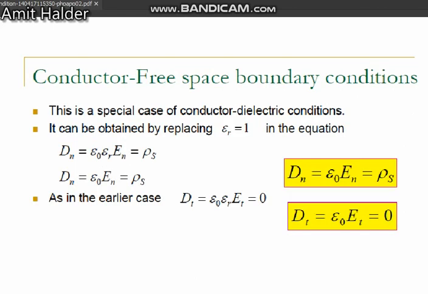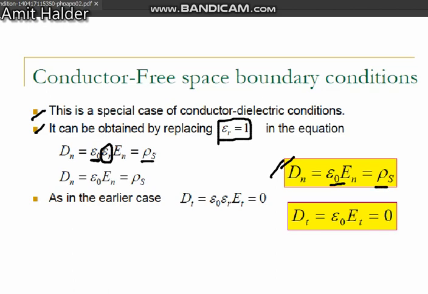Now the third condition, the conductor free space boundary condition. This is a special case of the conductor dielectric condition. In the dielectric we have used epsilon r. It can be obtained by replacing epsilon r with 1. So you can get Dn is equal to epsilon naught En equal to rho s.